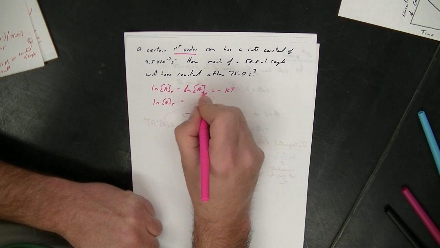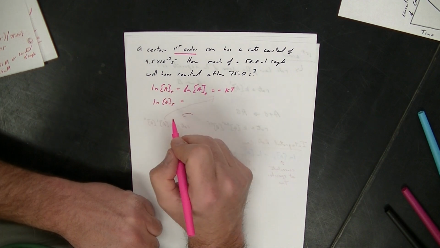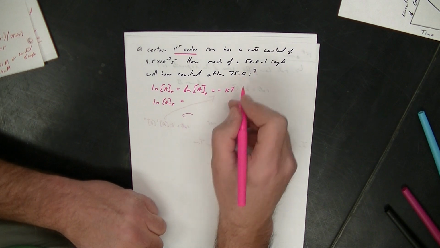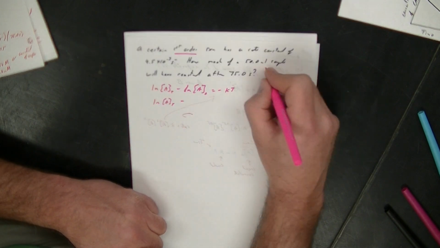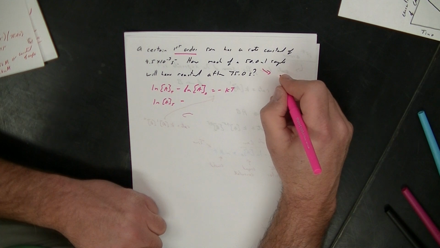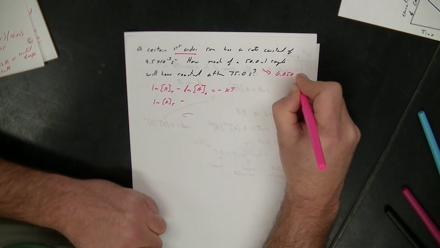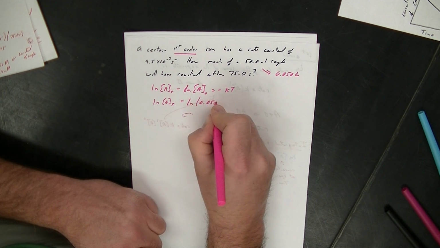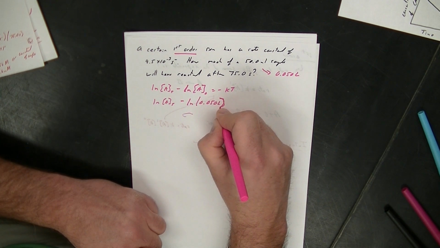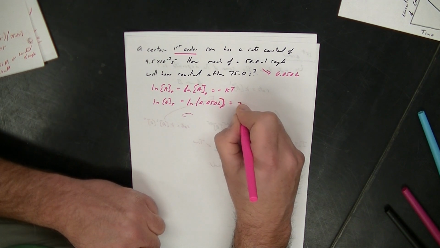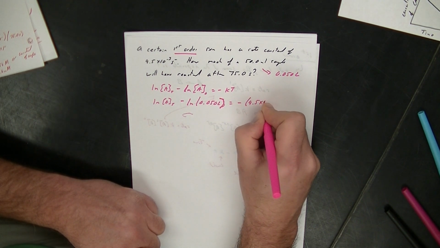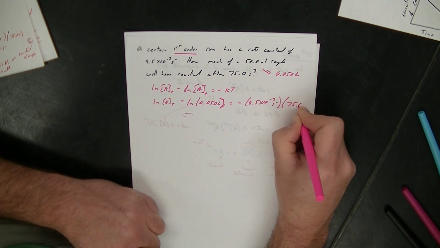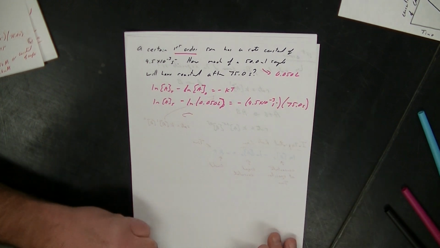It gives us our original, which is 50 milliliters, and we want that in liters, by the way, so we're going to have to convert. So this is 0.050 liters. So we got ln of 0.050 liters equals negative 4.5 times 10 to the minus third per second times 75.0 seconds.